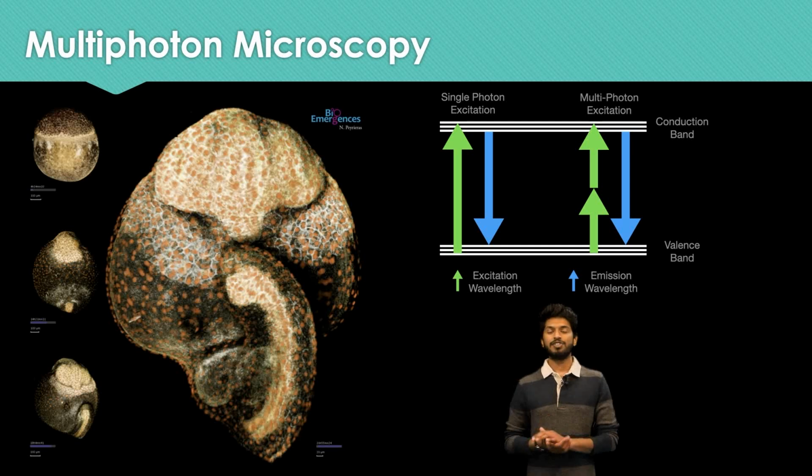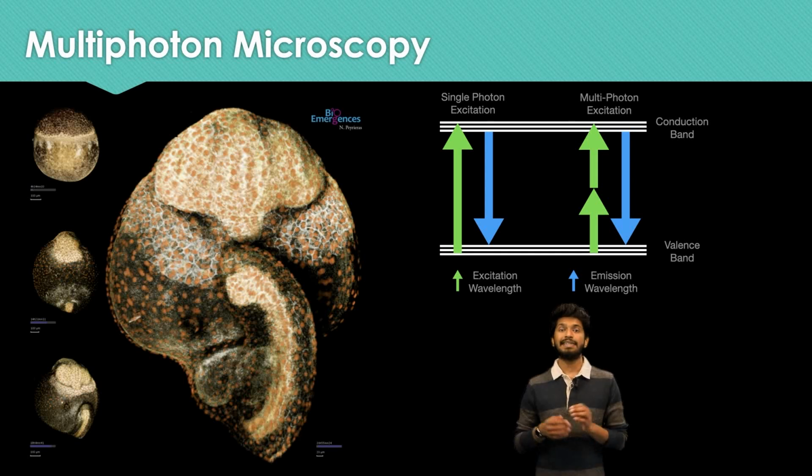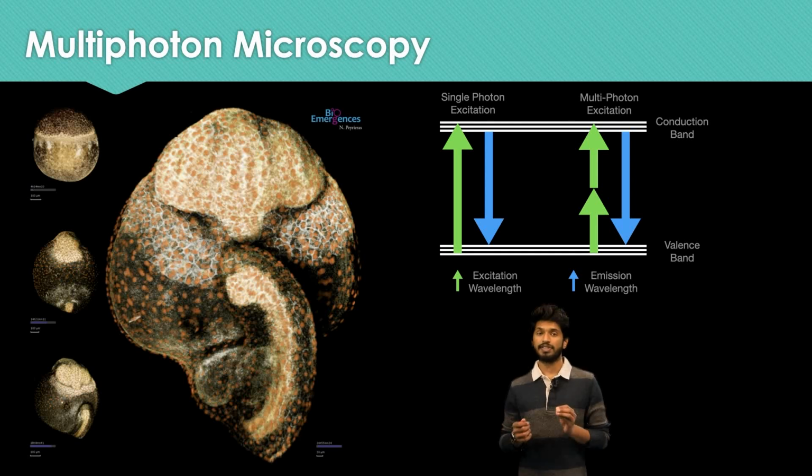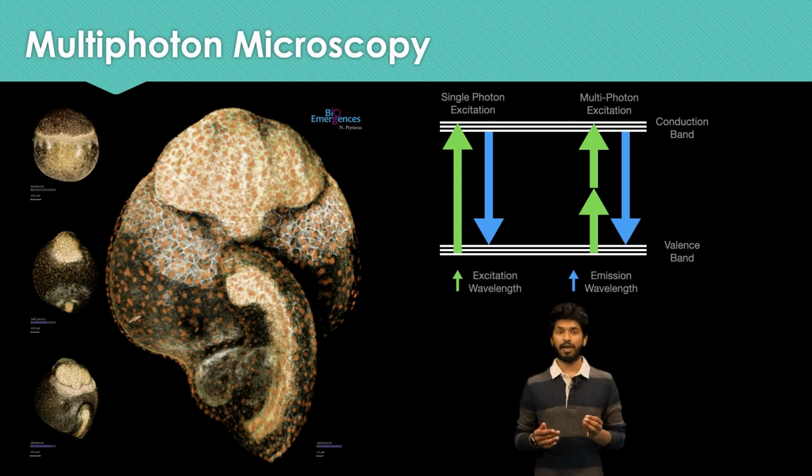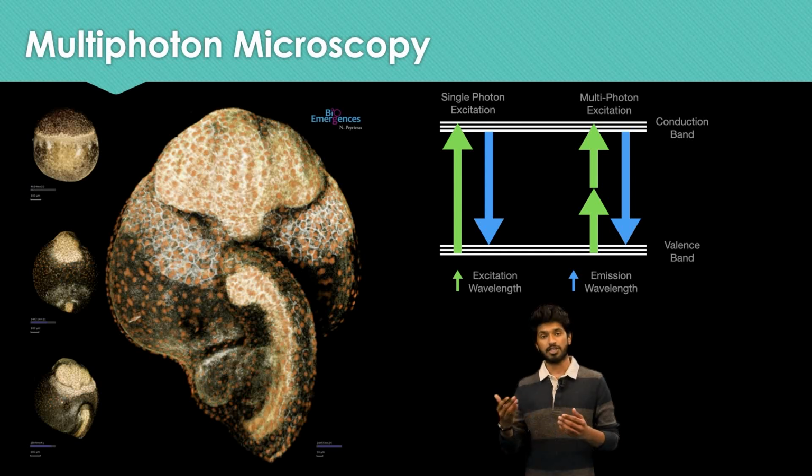Multiphoton microscopy also uses a similar principle of exciting fluorophores in the samples and detecting the output with the use of a detector. The main difference with multiphoton microscopy is that the excitation wavelength used to excite the fluorophore is much greater than the single photon excitation wavelength which is used in other microscopy.